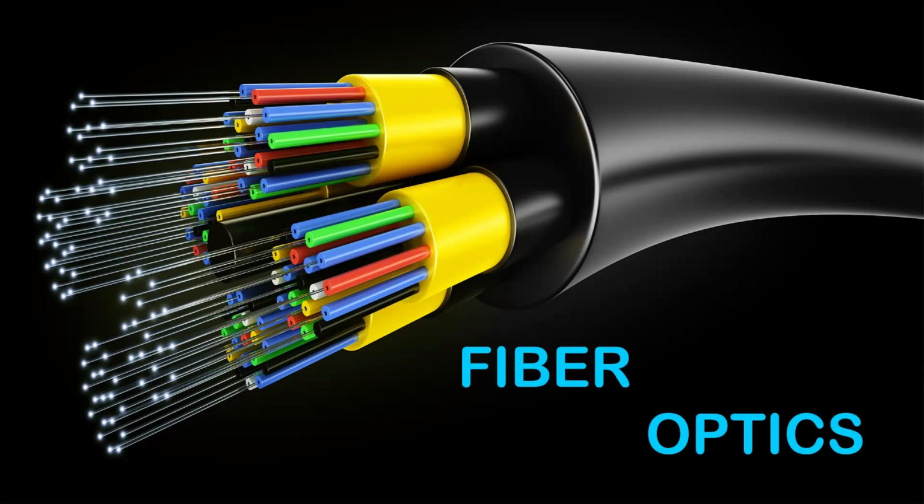The first thing that comes to my mind when I say that is that because it's not an electrical signal, this cable is not susceptible to outside factors such as electromagnetic interference.